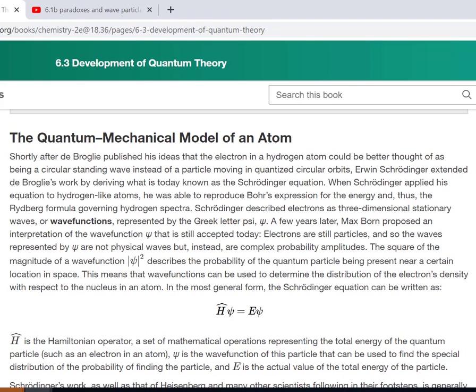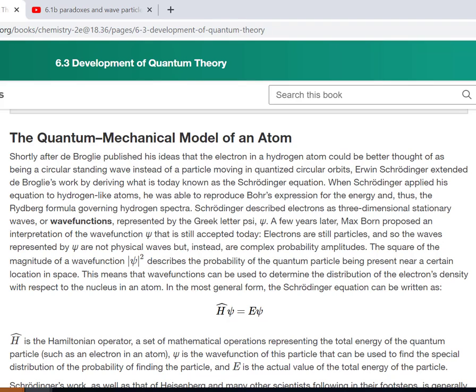So the quantum mechanical model of an atom is taking these ideas and trying to use them to explain what the electrons are doing. And we essentially think of the electrons as having what's called a wave function, which is a description of where we're most likely to find the electron.